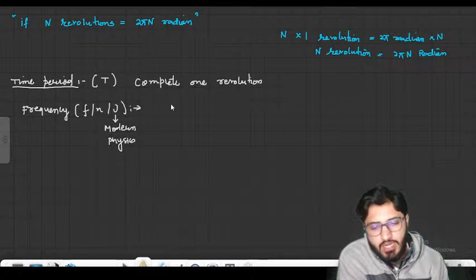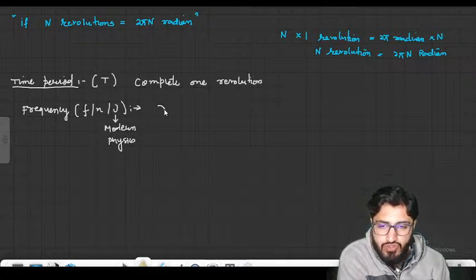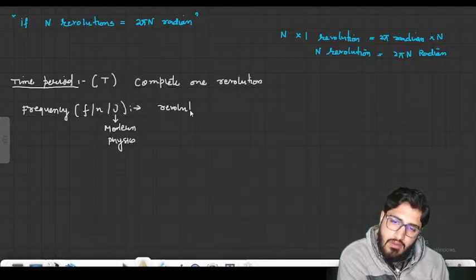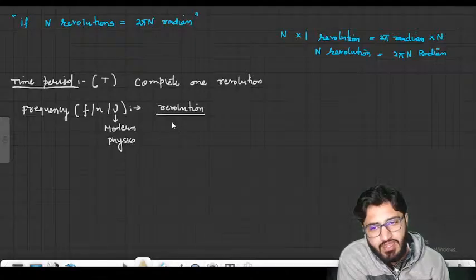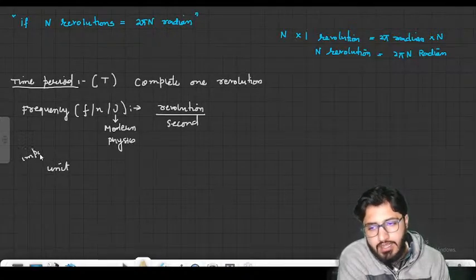Frequency simply indicates revolutions per second. How many revolutions your particle is describing per second. If we talk about its unit, it is important in the numerical perspective.